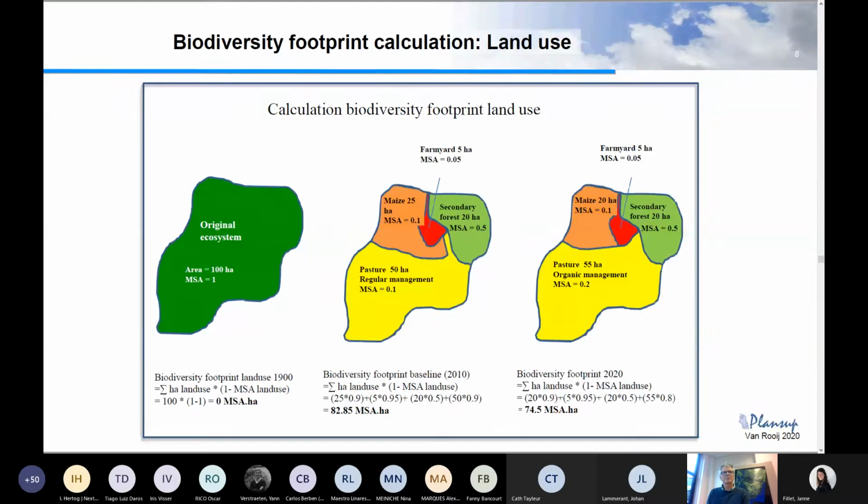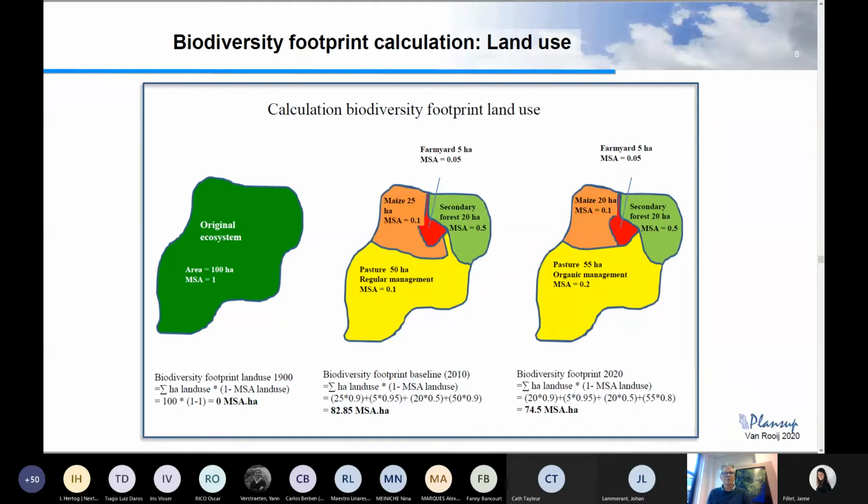Next slide, please. Just to give you an example, here's an original ecosystem. GloBio compares the situation to the not impacted area. So if you have a farm area, the original system would be, maybe in the Netherlands, forests. Then given the cause-effect relations, we know that certain land use has certain biodiversity levels.